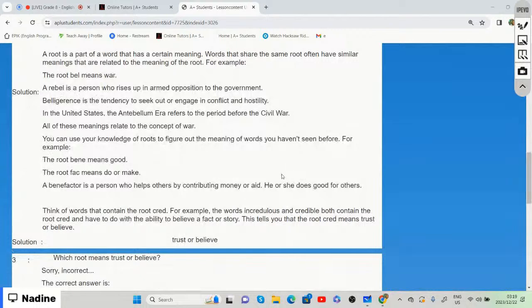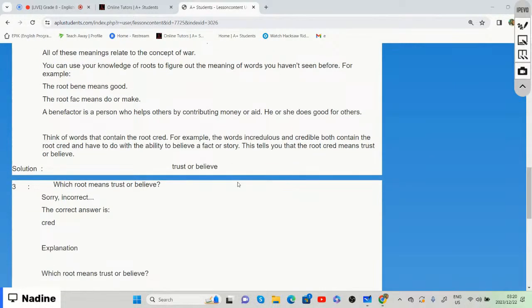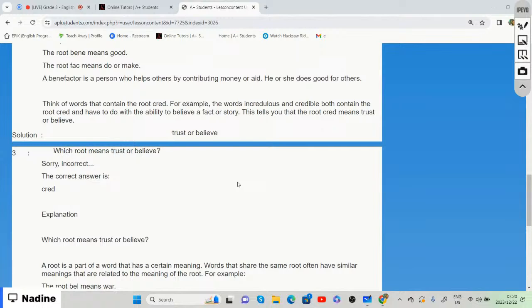Trust and believe, or trust or believe, either or. So if they ask us what the root word means, then we can say trust or believe, or they can ask what trust and believe means, and we can say cred.